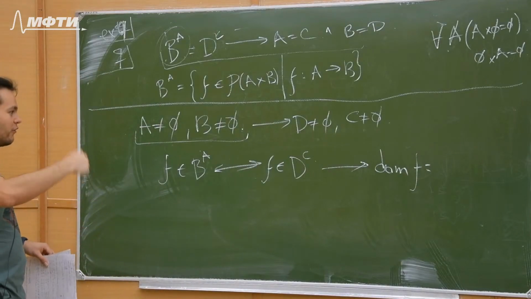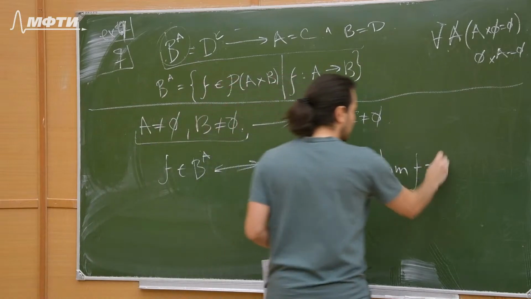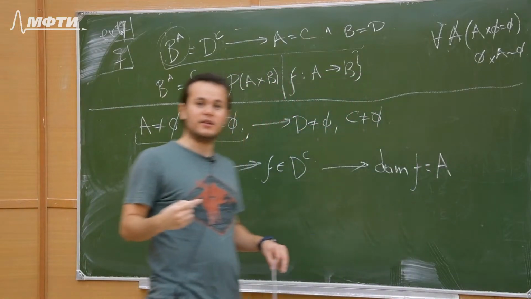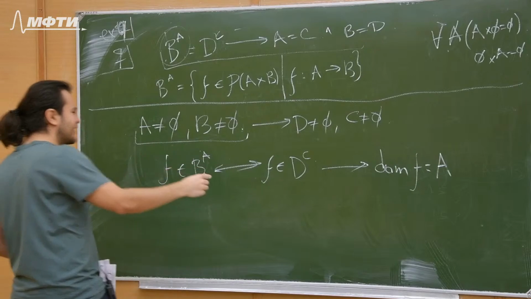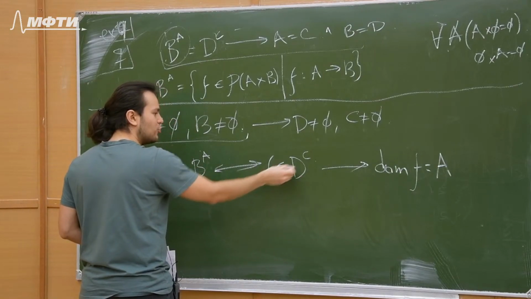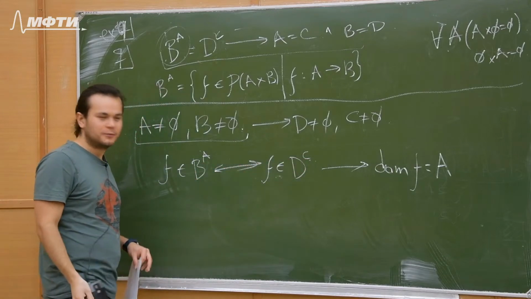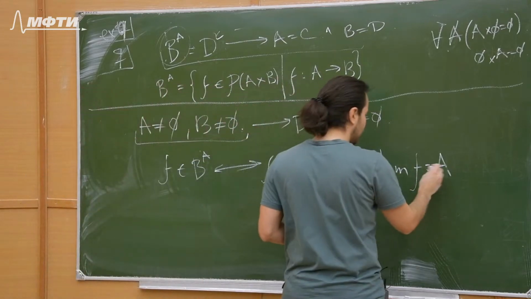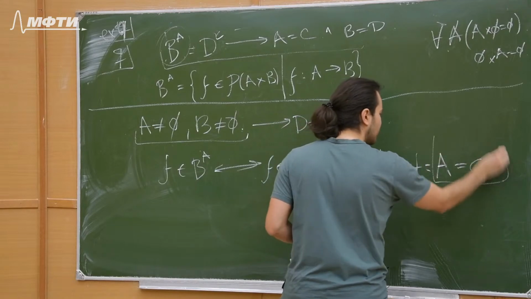So the domain of f is A, because f is total. Okay. And in the same way, the domain of f in this case should be equal to C, right? So the domain of f is equal to C, so we obtain that A is equal to C.